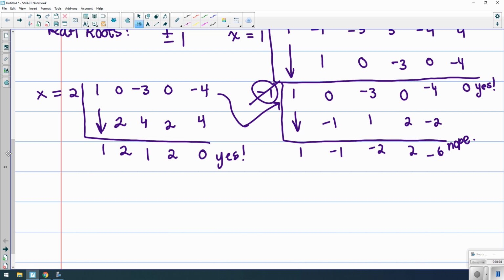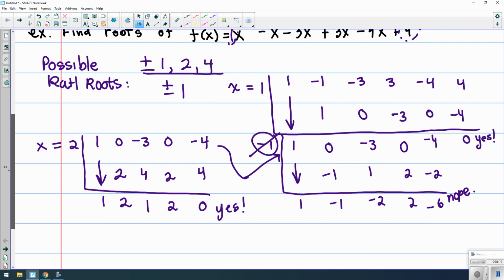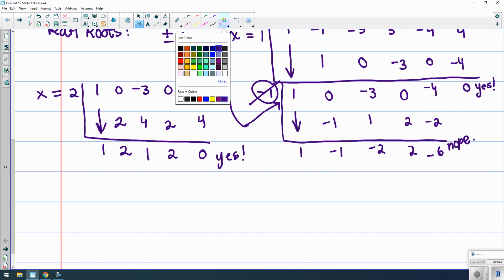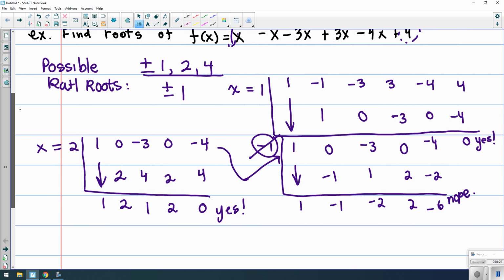So my depressed polynomial at this point is 1, 2, 1, 2, or gosh, what would that be? Okay, so here's what I'm thinking, guys. I'm thinking there's a pattern there. I bet I could factor that pretty easily by grouping. But I kind of have lost track of where I am in terms of depressed polynomial anyway. I started with x to the 5th when I started using synthetic division.